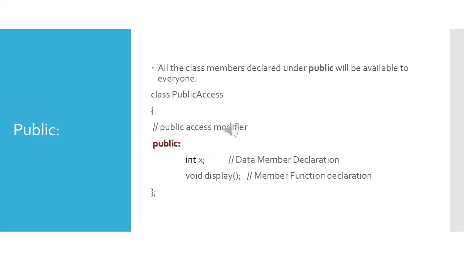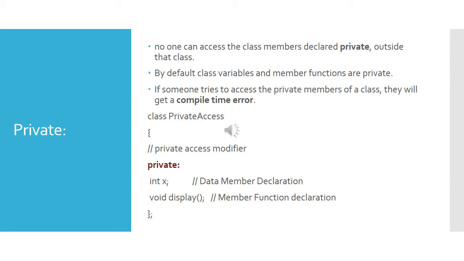Public access specifier is used when you specify data members inside the class using the keyword public. That means that data member or member function can be accessed outside the class. When you say private, the data can only be accessed by the members of the class. If you try to access it outside the class, it is going to give you a compile time error.